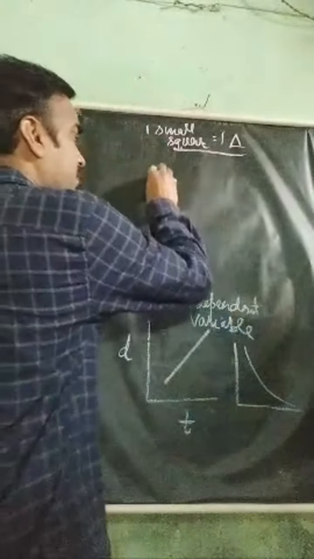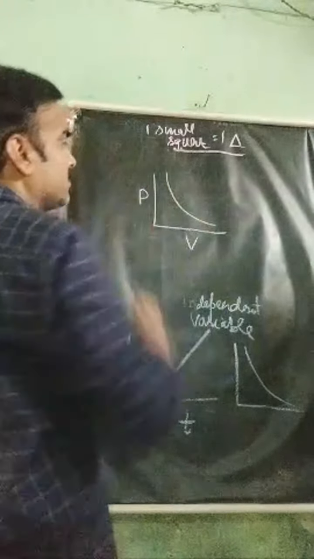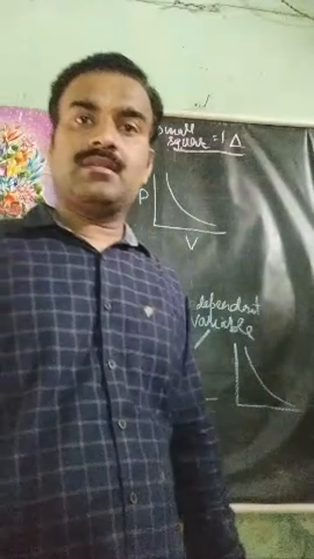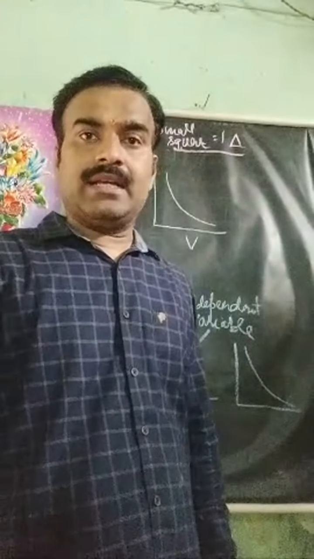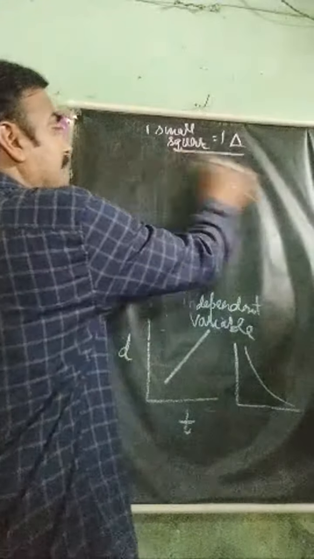So that means the graph will look like this. This will be volume, that will be pressure. Once you draw a graph, sometimes it will increase and sometimes it will decrease.